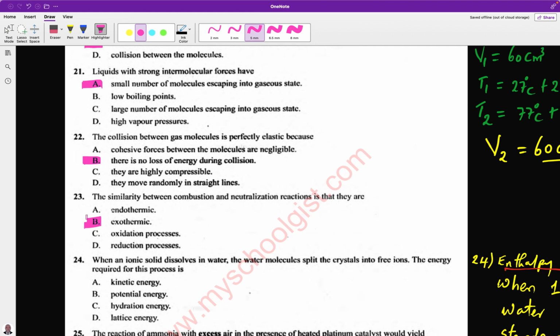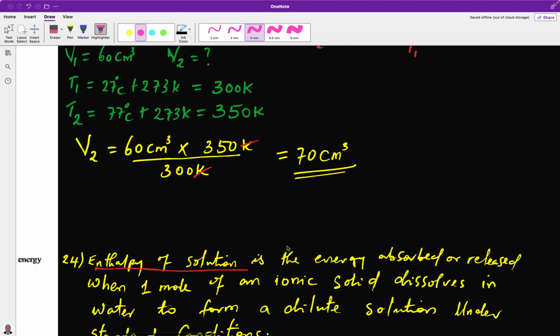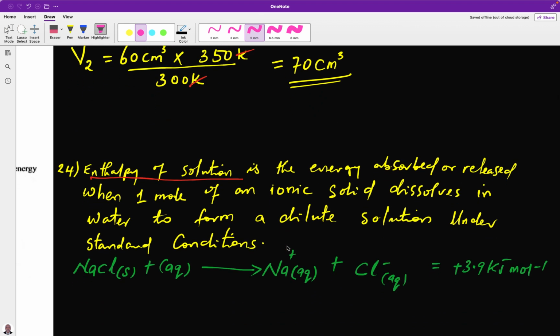But remember, for purposes of revision, energy released or absorbed is the enthalpy change. The enthalpy of solution is the energy absorbed or released when 1 mole of an ionic solid dissolves in water to form a dilute solution under standard conditions.